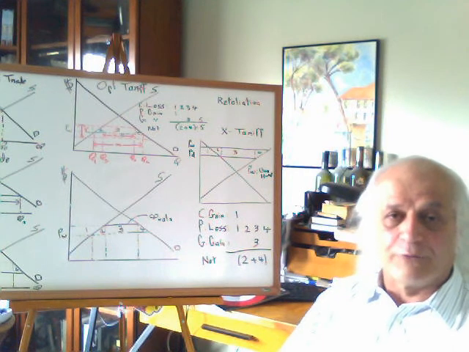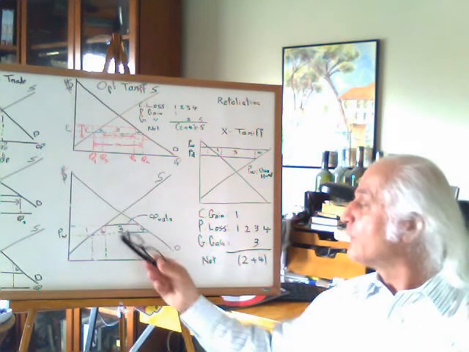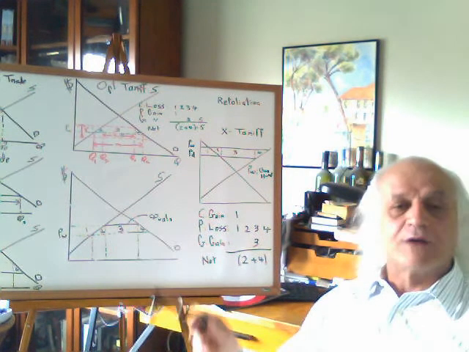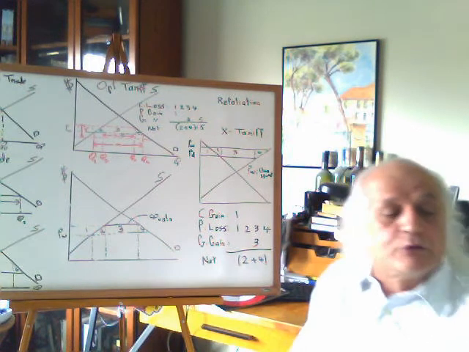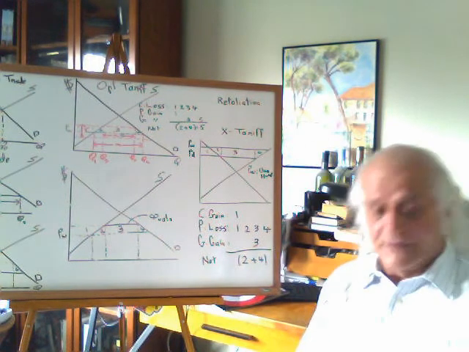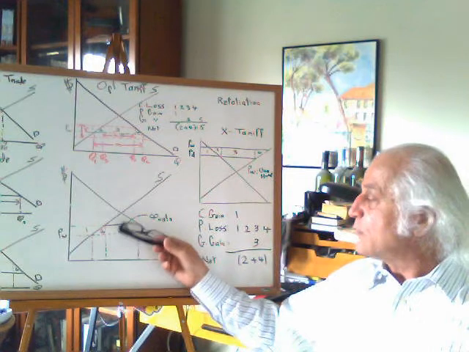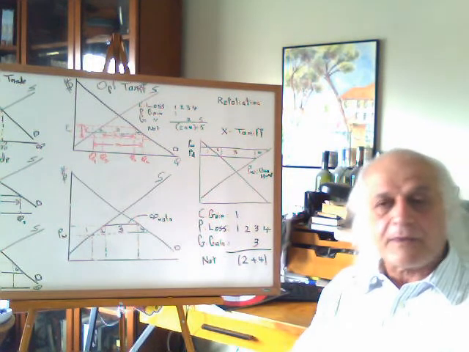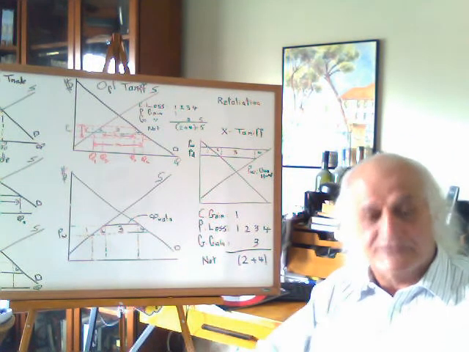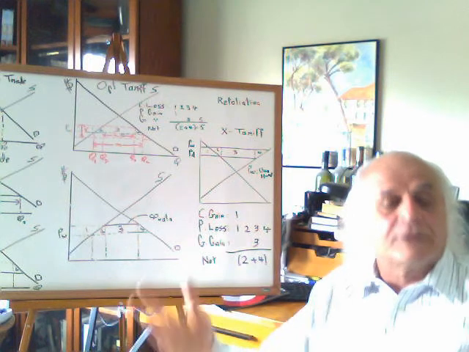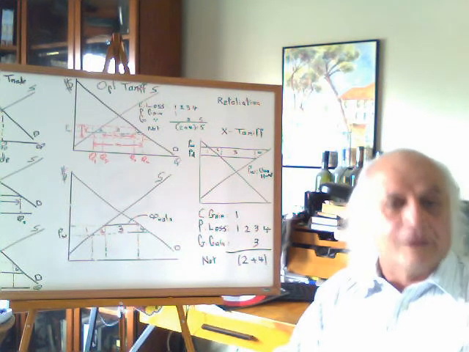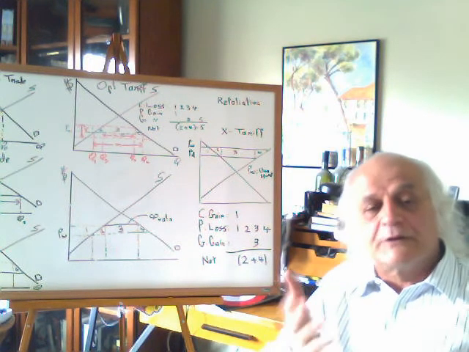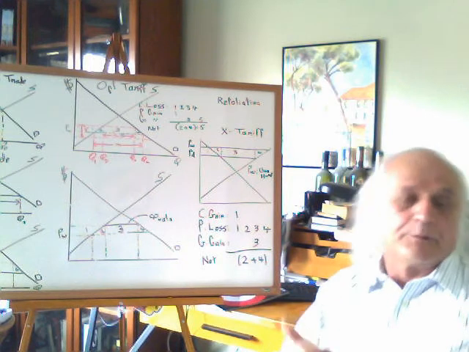As I hope you have already guessed, all of this free right now was going to the Japanese manufacturers. Because as soon as this quota was imposed, the price of a car, instead of being, say, for the sake of argument, $3,000, becomes $4,000. So the Japanese manufacturers become much more profitable.